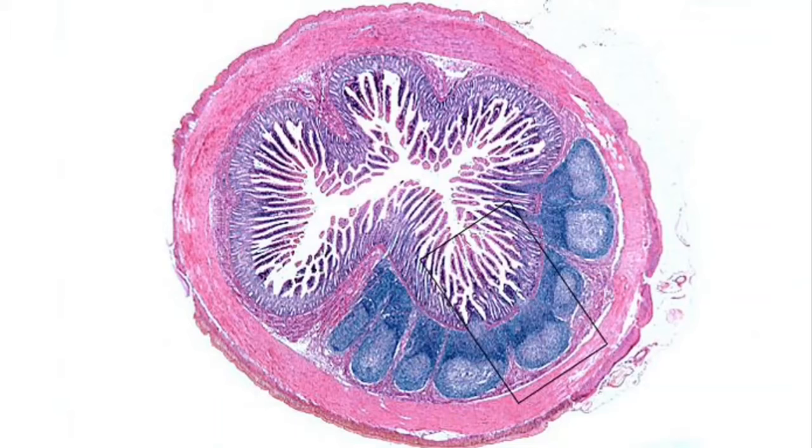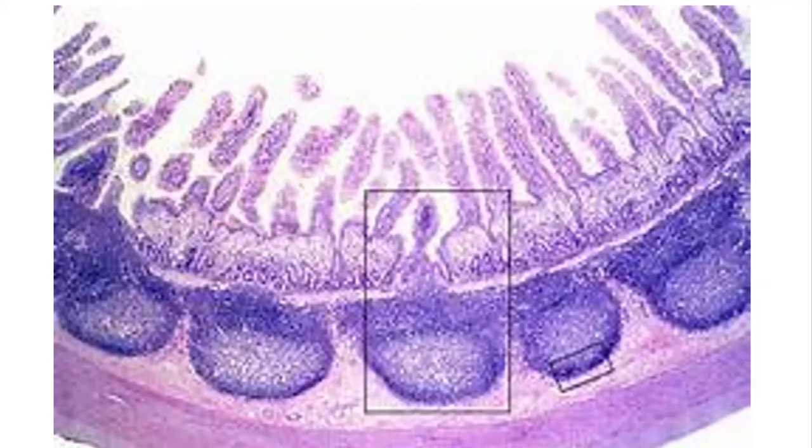Here is a famous example of a cross-section of the vermiform appendix, which is famous for having lots of lymphoid follicles. And I'm sure now that you know where the lymphoid follicles are. Here is another example of a lymphoid follicle with a germinal center and a marginal zone.